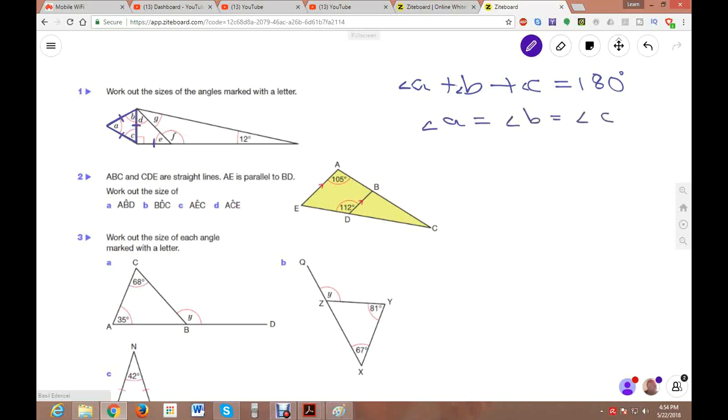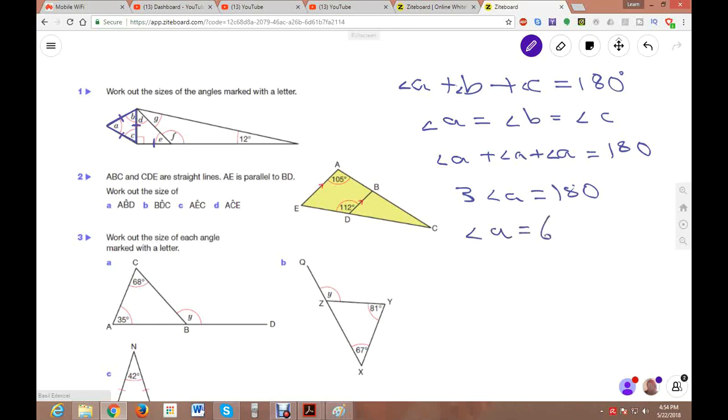So you can replace B and C with A. So angle A plus angle A plus angle A is equal to 180. So it is 3 times angle A equals 180. So angle A is 180 upon 3, that is 60.